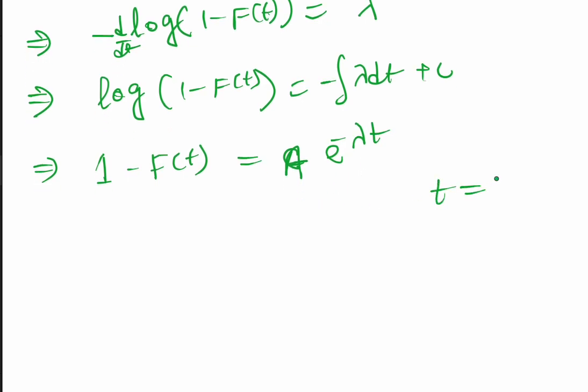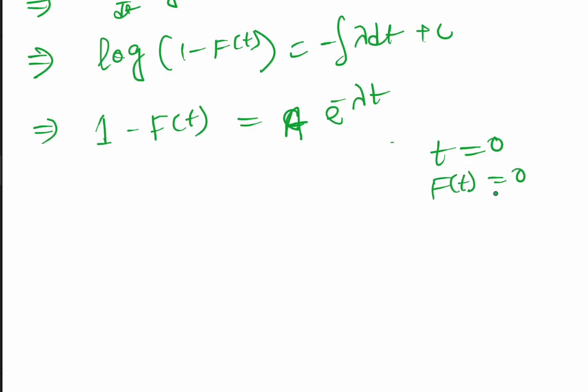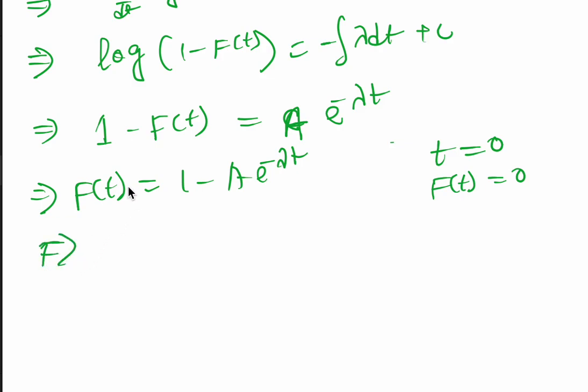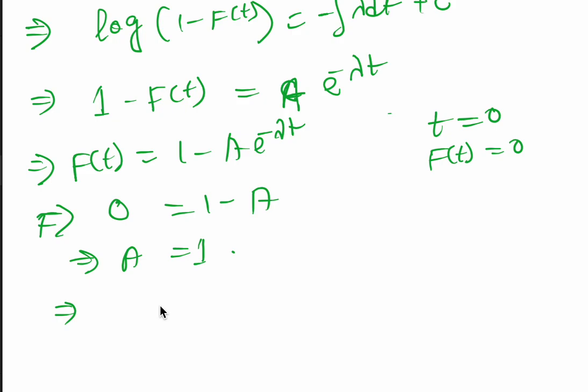Now we impose the boundary condition: at t equal to 0, F(t) is equal to 0, so 0 equals 1 minus A, so A is 1. That means F(t) is 1 minus e to the power minus lambda t.